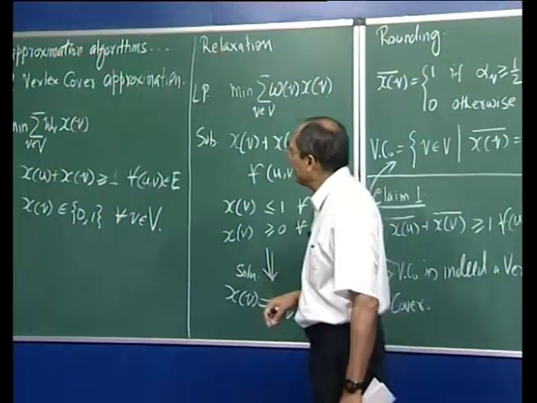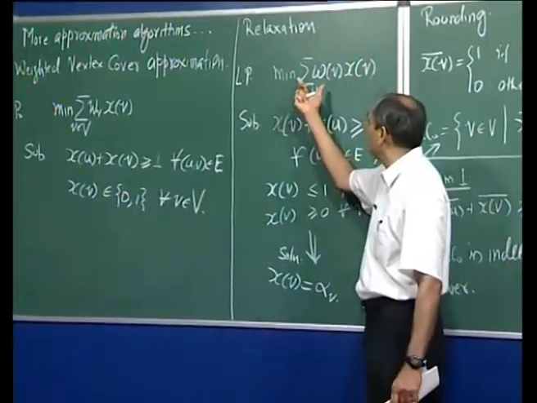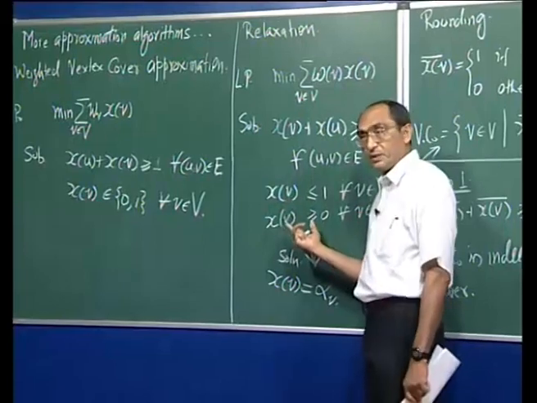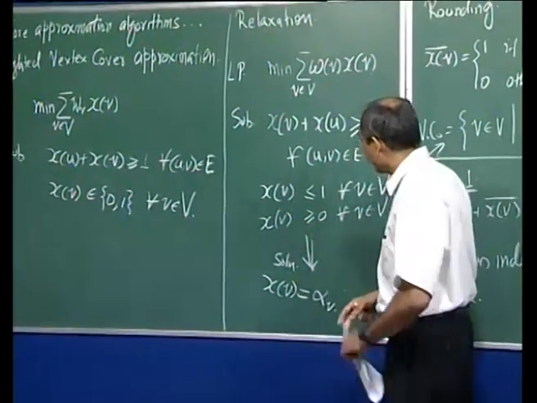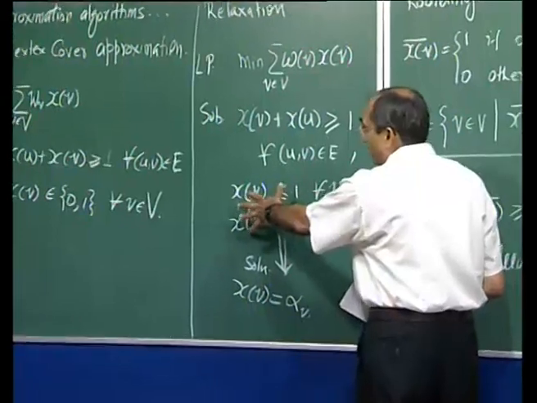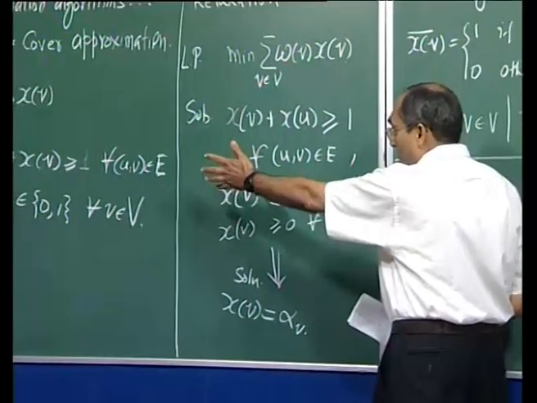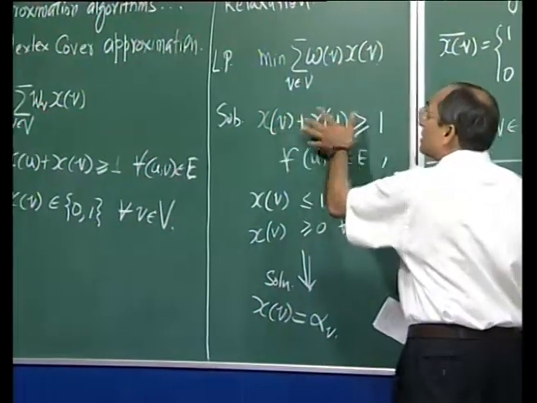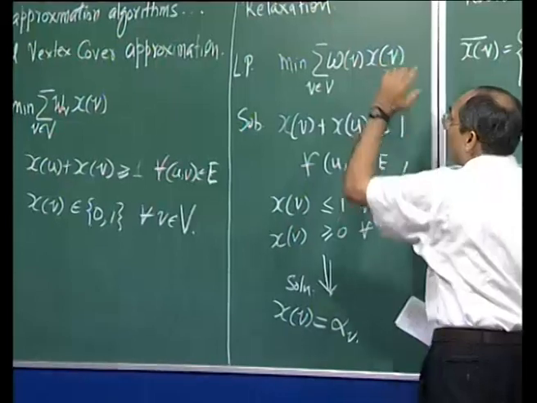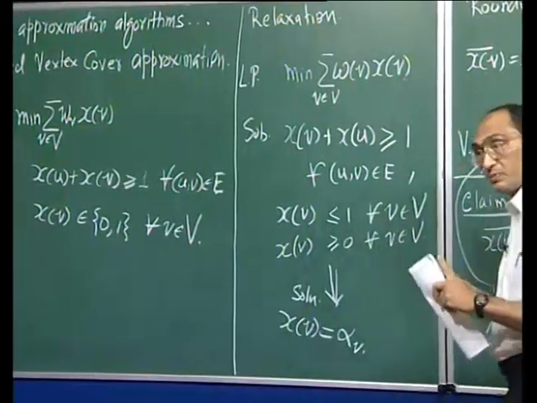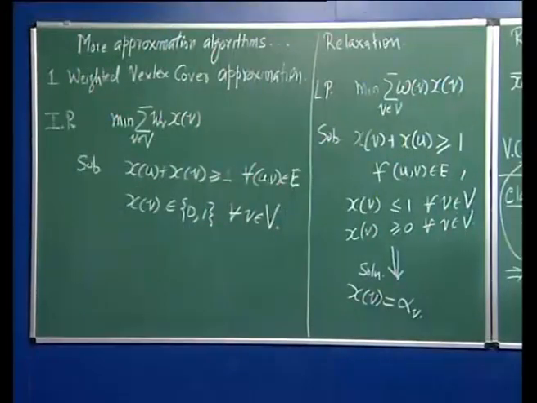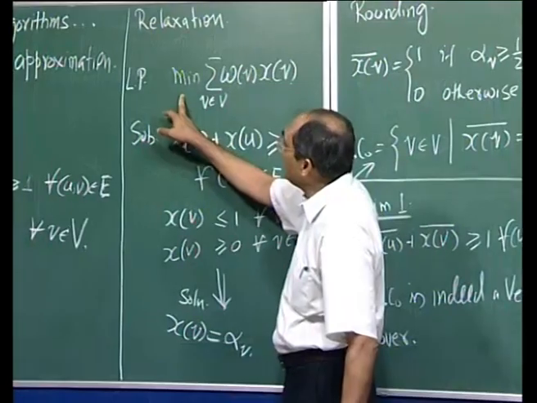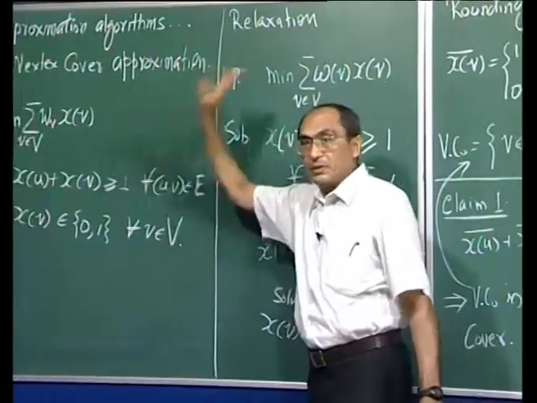It is clear that the solution of the integer program is automatically a solution of the linear program, because every variable takes value 0 or 1, hence this is true. This condition is identical, and we are optimizing the same objective function. So, it is clear that the optimum solution of the linear program has to be less than or equal to the optimum solution of the integer program.